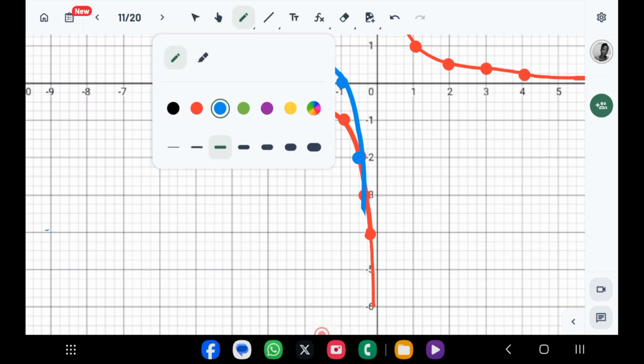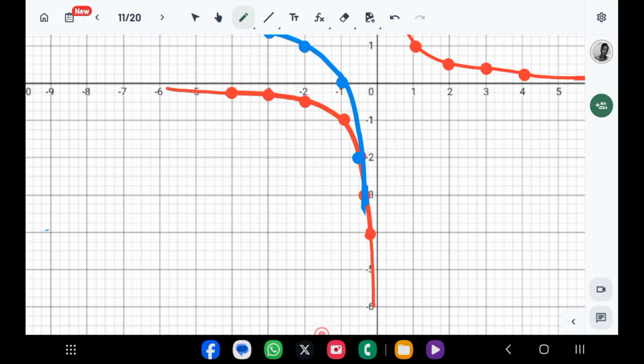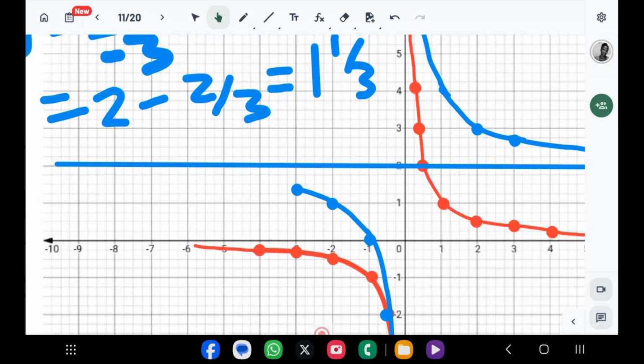It also approaches the axis. Over here it will approach the axis like that.